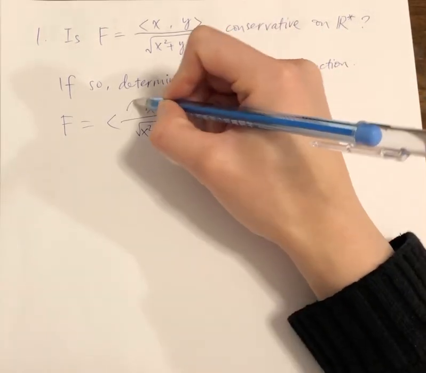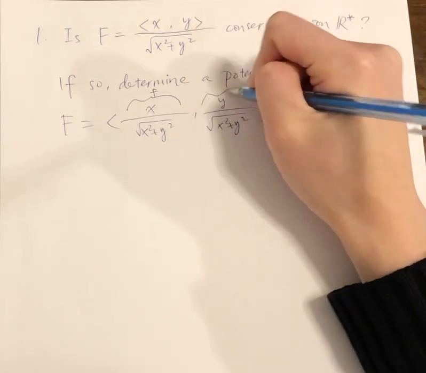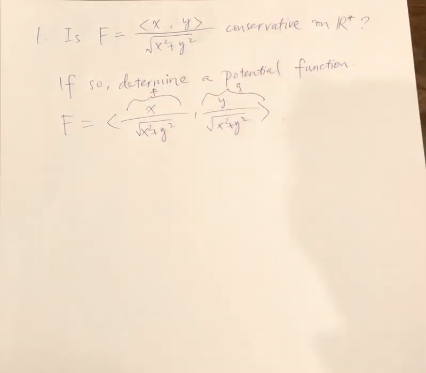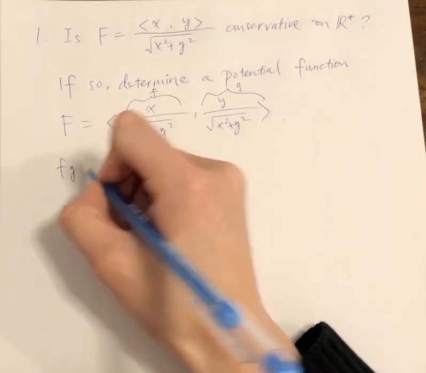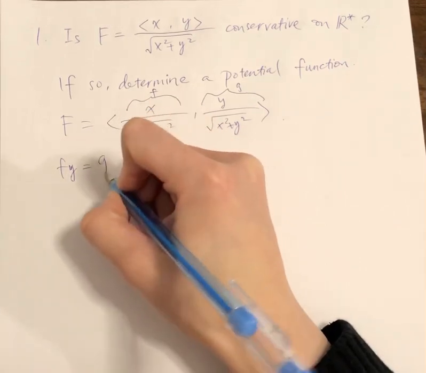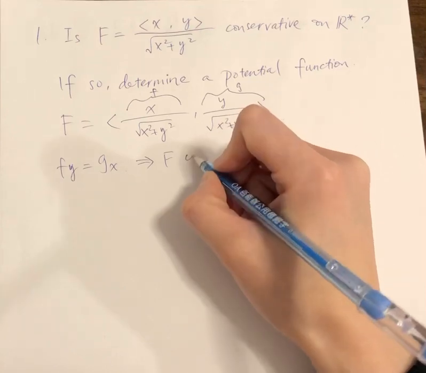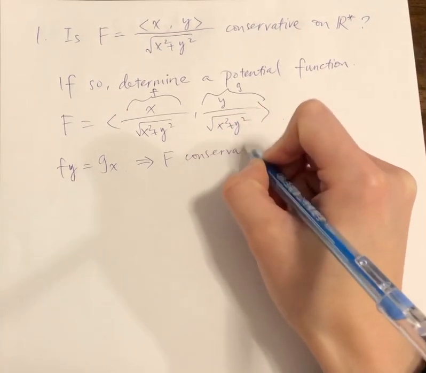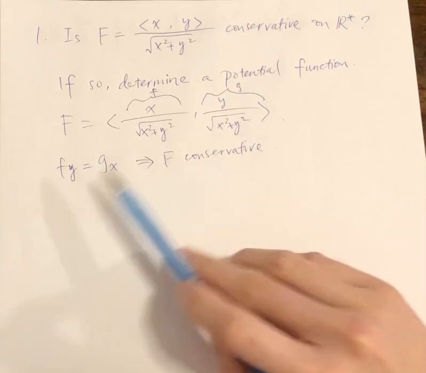In the test, we call this component f and this component g, and the test is that if f_y is equal to g_x, then F is conservative. So we only need to check that.